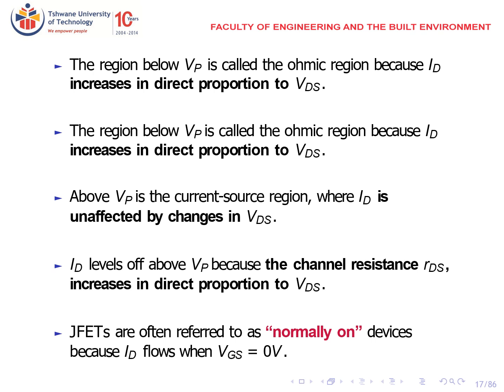ID levels off above VP because the channel resistance RDS increases in direct proportion to VDS. JFETs are often referred to as normally on devices because ID flows when VGS is equal to 0.